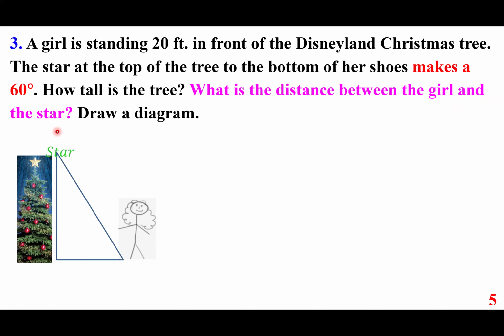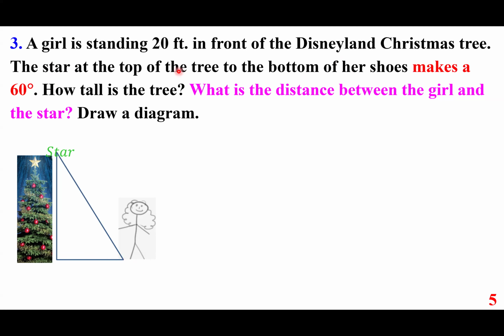So here's the star, here's the distance. Again, standing 20 feet in front of the Disneyland Christmas tree. So that means this is 20 feet. And it makes a 60-degree angle.